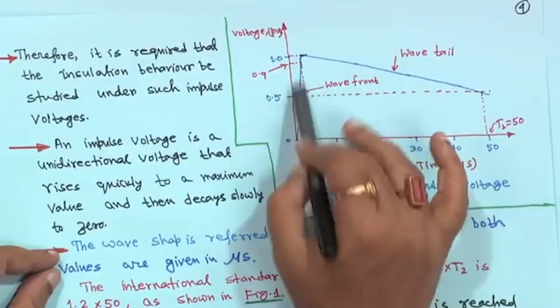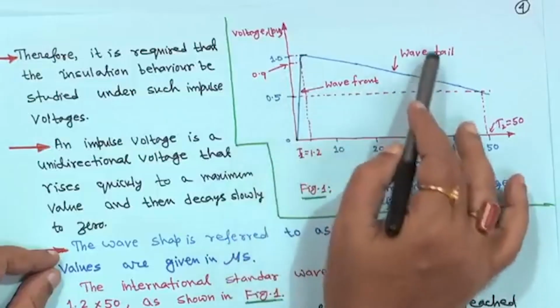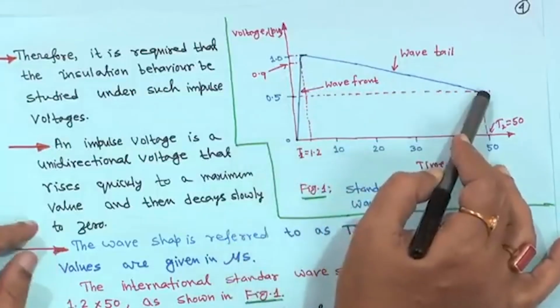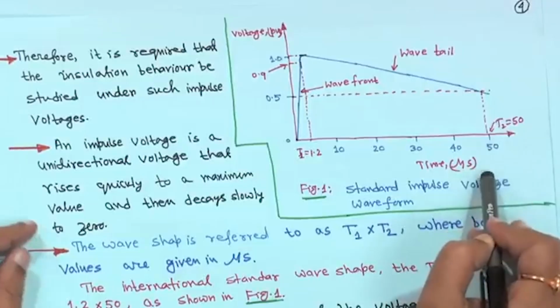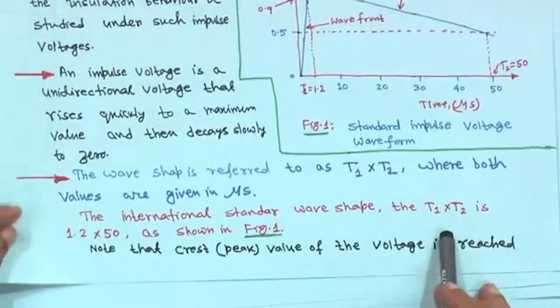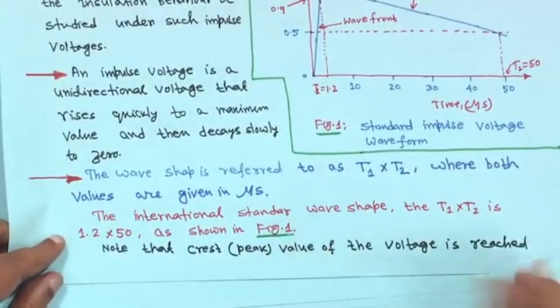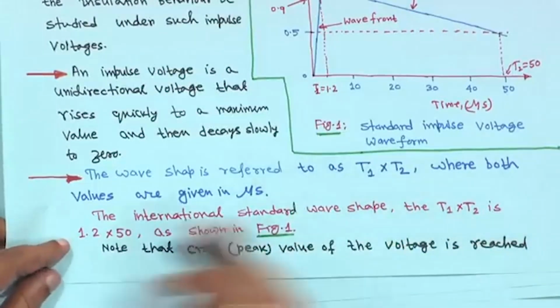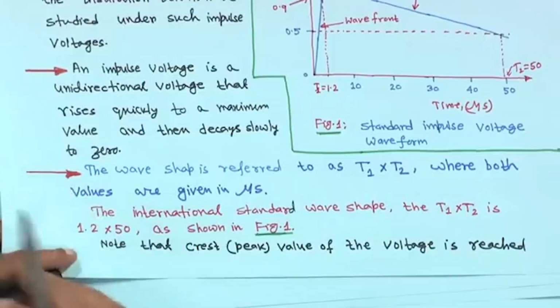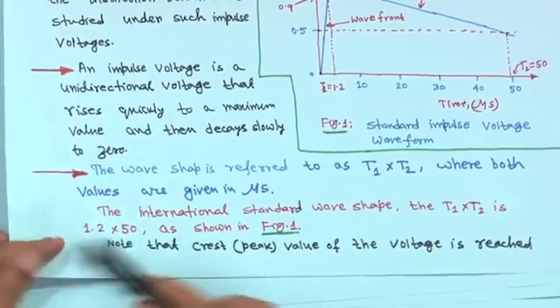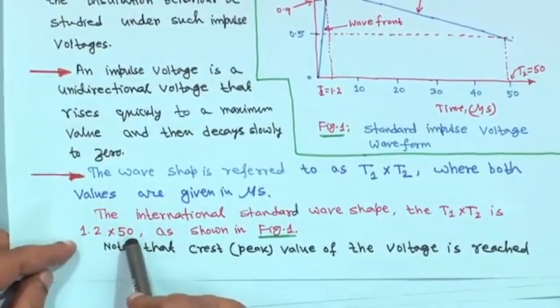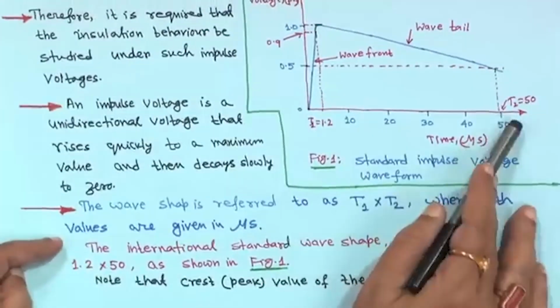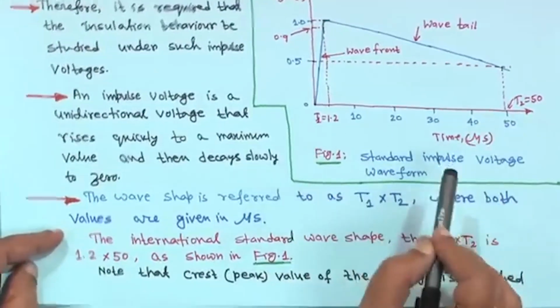The wave front is as long as it is rising, and the wave tail is when it is decreasing, and the time is very fast, in the microsecond range. This is the international standard wave shape, T1 into T2, 1.2 into 50, but in reality it may change this way or that way.